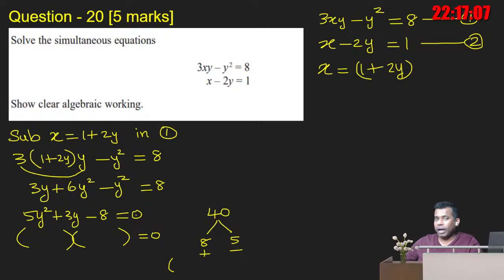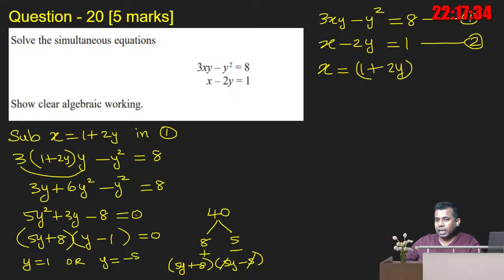This is how I do it: I put 5y plus 8, then the next one 5y minus 5, then you simplify that one, so this becomes y minus 1, and the next one 5y plus 8. So these are the two answers possible. So y can be 1 or y can be minus 8 over 5, right?